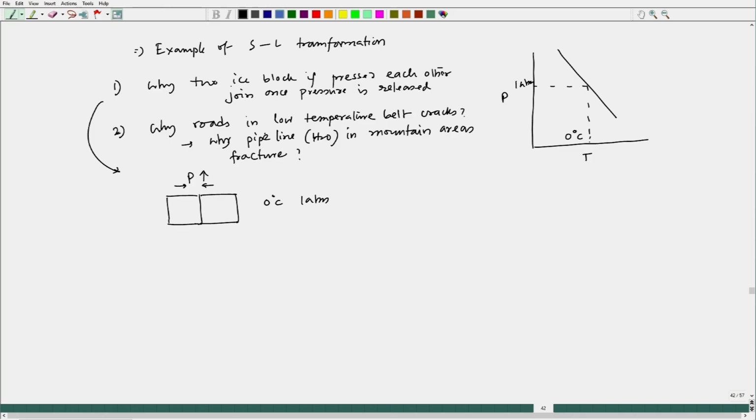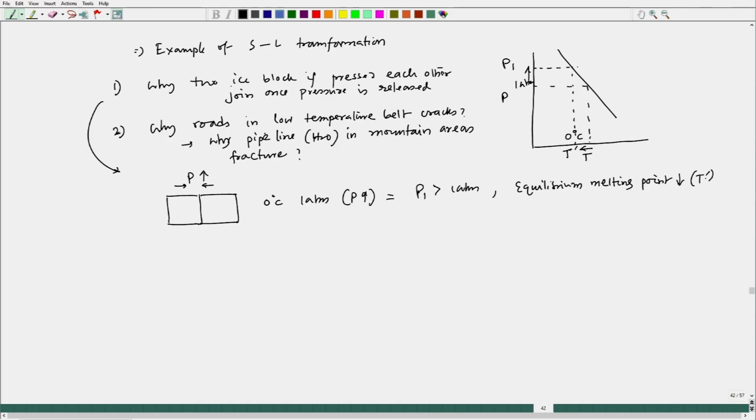Once you press it, the pressure goes up to a new pressure P1, which is more than 1 atmosphere. As we see, the equilibrium melting point, T prime, drops.